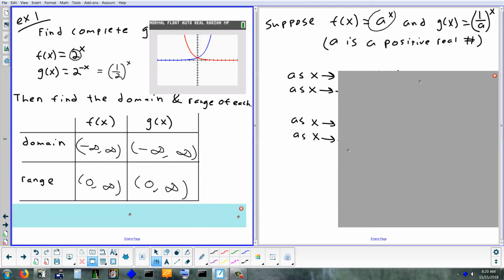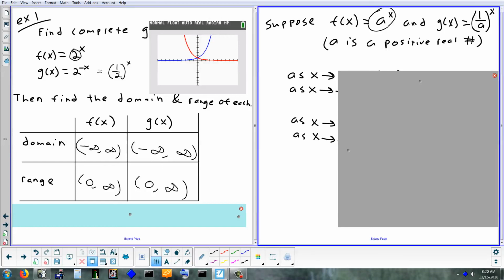If you graph 2 to the x, 3 to the x, 10 to the x, 12 to the x, they're all going to curve up to the right. Now, if you take all those numbers and flip them, 1/2 to the x, 1/3 to the x, 1/5 to the x, they're all going to look like the graph in red. Different amounts of curve, but they're all going to curve down and to the right.